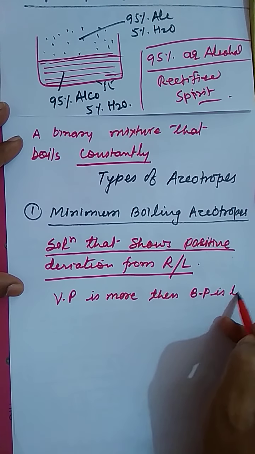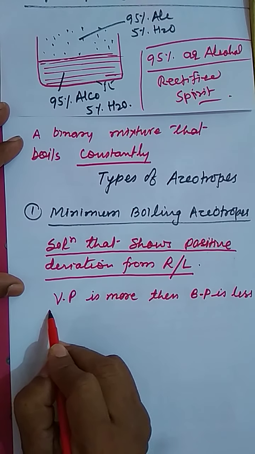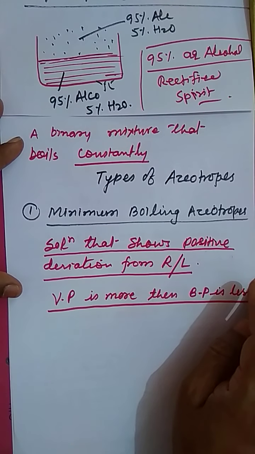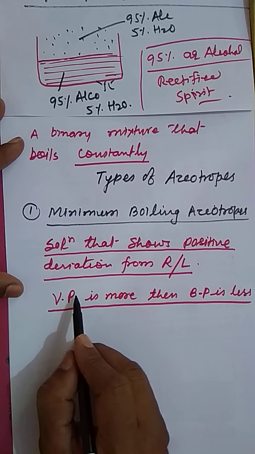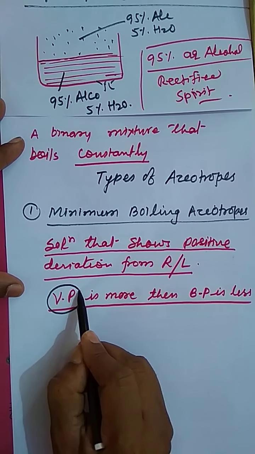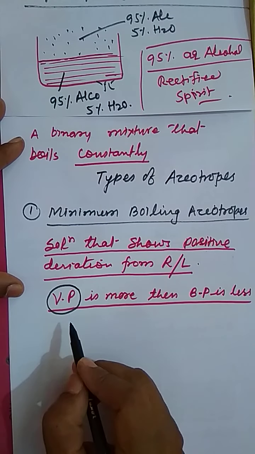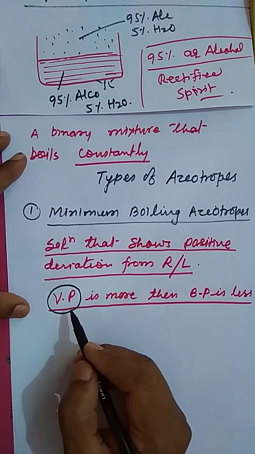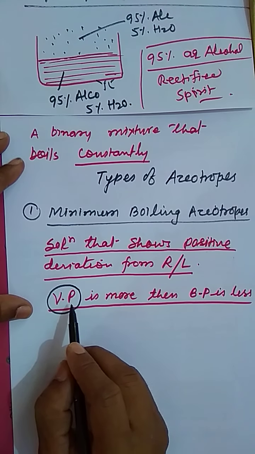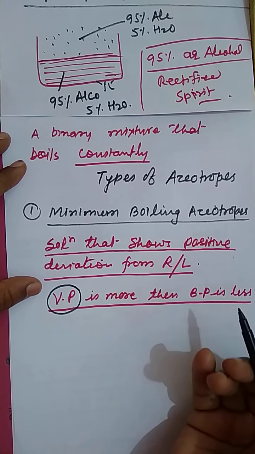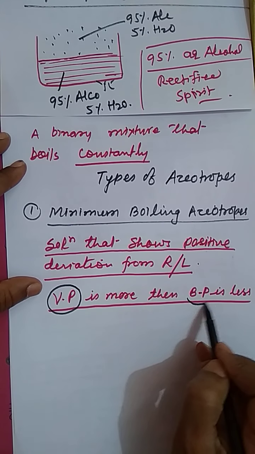As you know, the boiling point is when vapor pressure is equal to atmospheric pressure. If vapor pressure is already more, it requires less heat to raise its vapor pressure up to atmospheric pressure. So always remember that if vapor pressure is more, then boiling point is less.